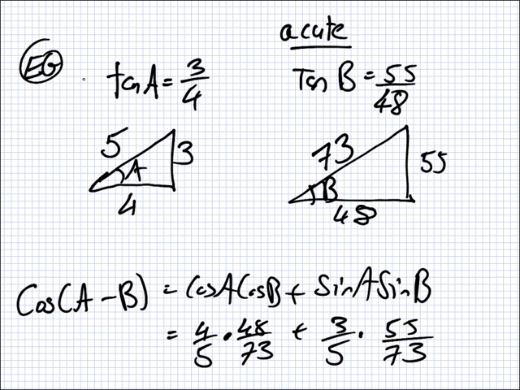Just to be clear, acute is 0 to 90. Obtuse, 90 to 180, isn't it? And reflex is more than 180, isn't it? Or is it more than 270? Obtuse is up to 270 or up to 180?